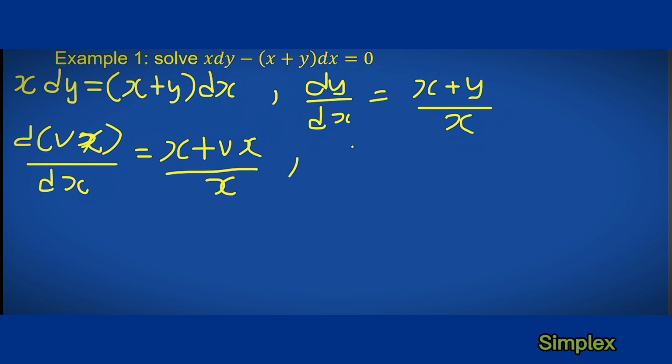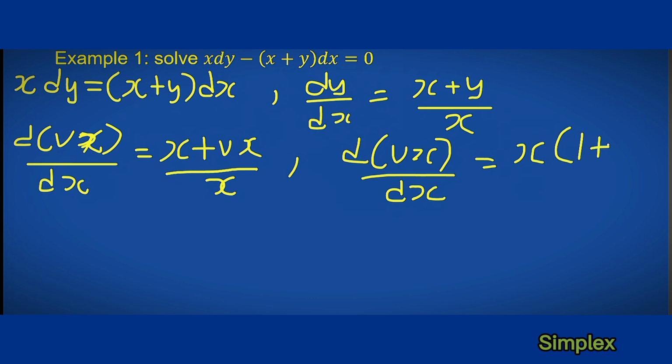Further simplifying, d(vx)/dx is equal to x(1 plus v) over x. So we have the differential of vx with respect to x, and this is a product rule function.